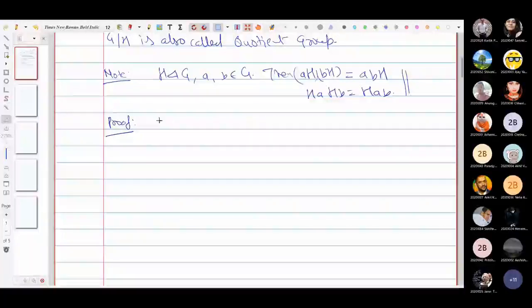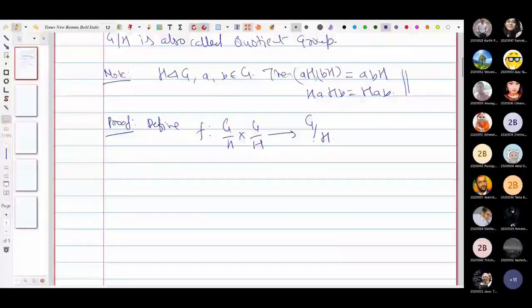Define some operation f, or you can write it as a composition, there is no problem, f from G by H cross G by H to G by H. We define it as follows: elements AH and BH, when operated, are mapped to ABH.